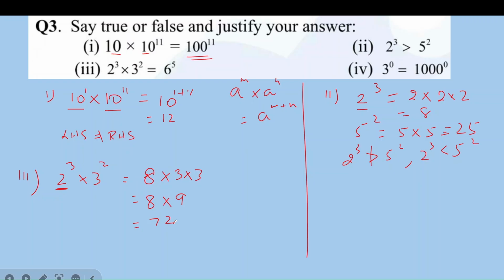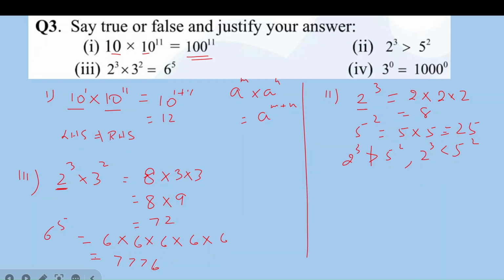Now 6 raised to the power 5 is 6 times 6 times 6 times 6 times 6. So you multiply it. Take a minute, check your calculations, and see what you get. When you solve it, it will come out equal to this number.